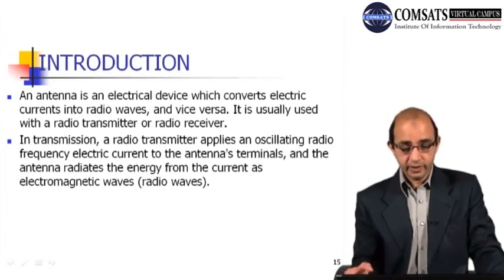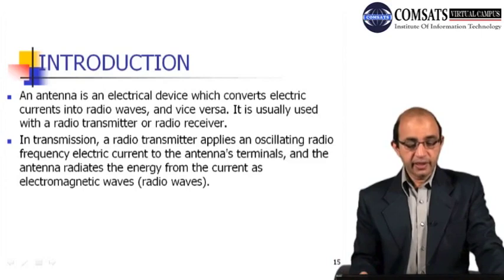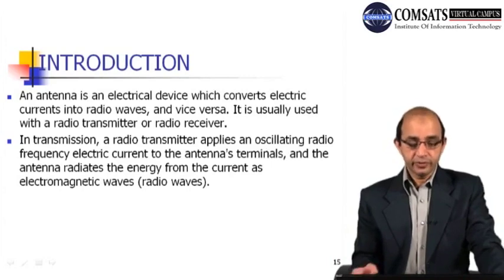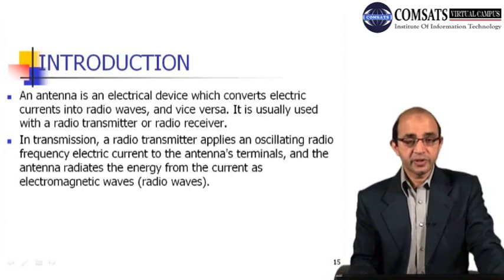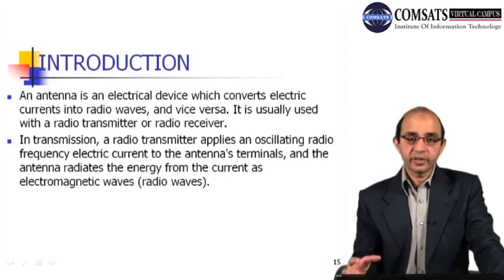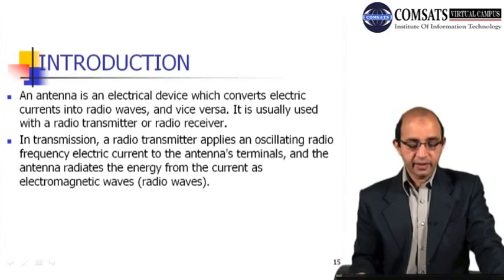In transmission, a radio transmitter applies an oscillating radio frequency electric current to the antenna's terminal, and the antenna radiates the energy from the current as electromagnetic waves. On the receiving side, we try to receive maximum energy and convert it into electrical energy.